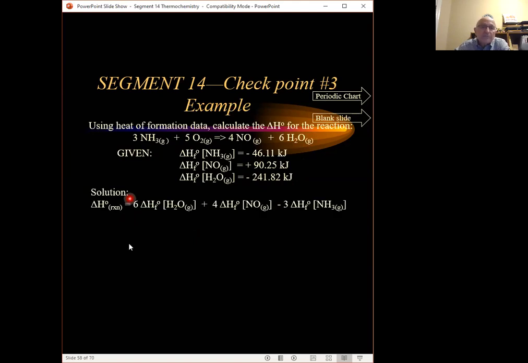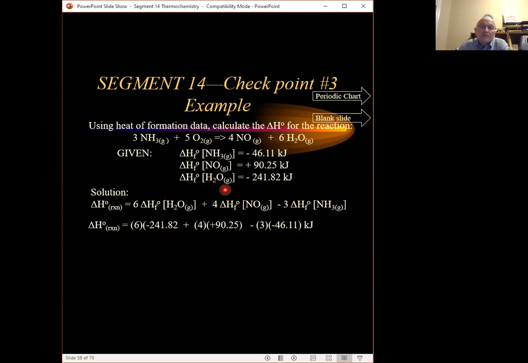Okay, so we're going to take 6 times the heat of formation of gaseous water, plus 4 times the heat of formation of nitric oxide or nitrogen monoxide, both names are appropriate, and subtract off 3 times the heat of formation of ammonia. I can plug in the numbers.